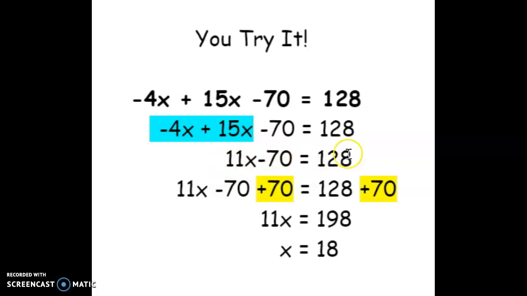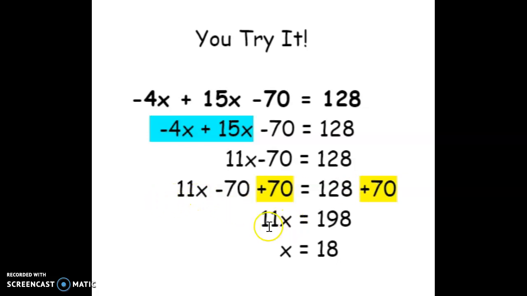As we looked at that equation, we noticed that we had a negative 70 there, and to isolate the 11x, we had to do what? We had to add so that we could get that variable by itself. We added positive 70 to the left, so because what we do to one side, we have to do to the other, we had to add positive 70 on the other side.